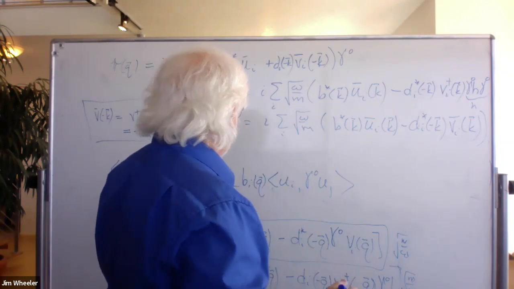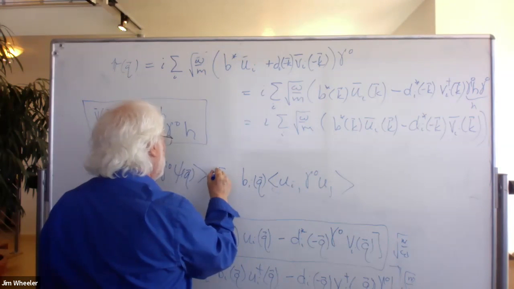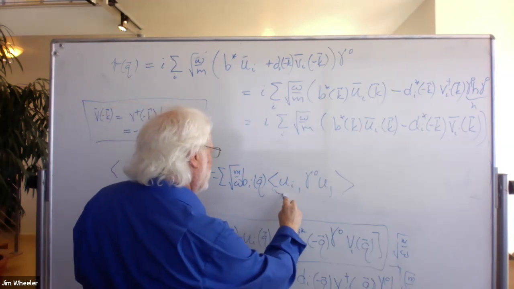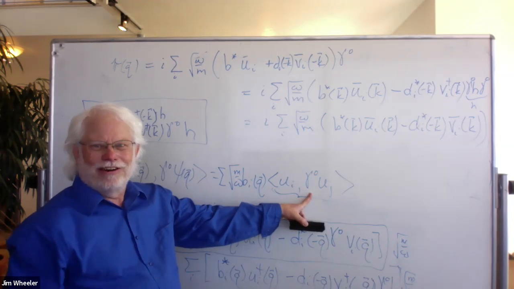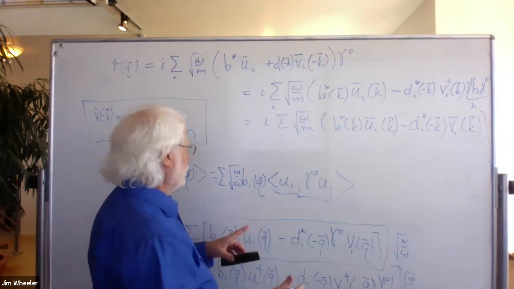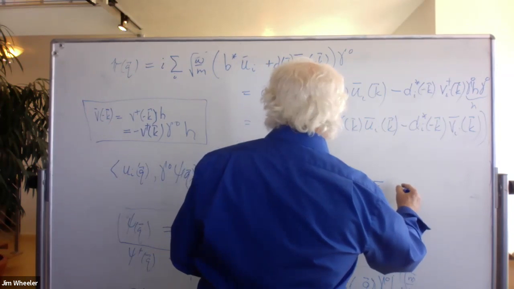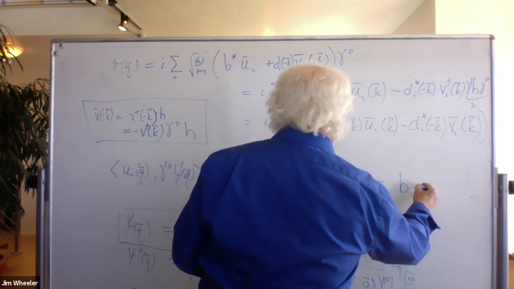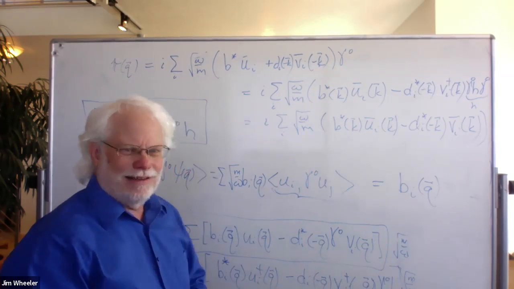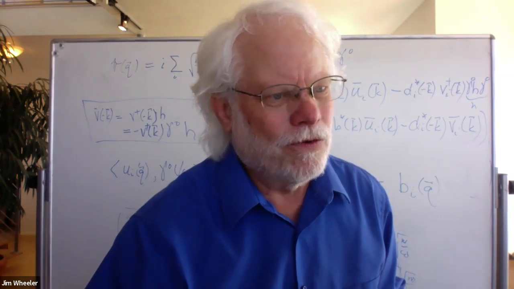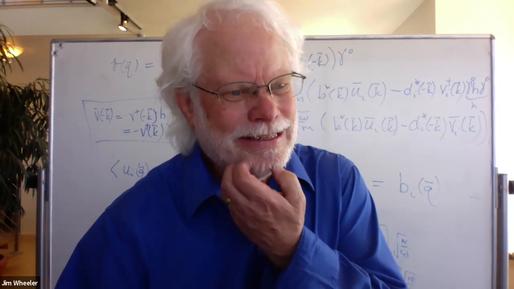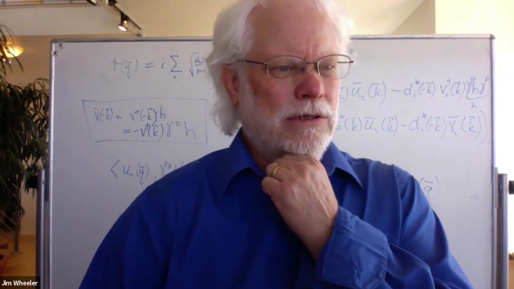Okay, so we have a sum, we have root m over omega. But the cool thing is with the gamma 0 in here, that inner product is the square root of omega over m, so it cancels that. And what we get is just b i. So we actually totally exactly solve for b. And no, we don't.